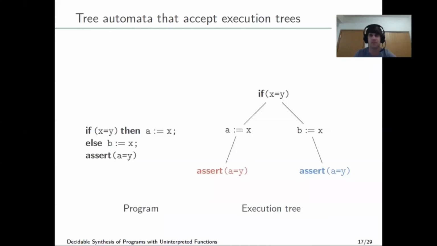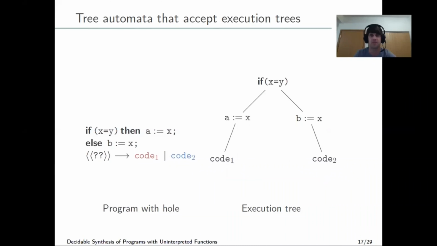So this is fine, but it's a problem if we go back to the program synthesis view based on sketches. Here I've replaced the if-then-else's assertion at the end with a hole, which can either go to code 1 or code 2. And then I've taken the execution tree, and in the left branch I put code 1, and in the right branch code 2.